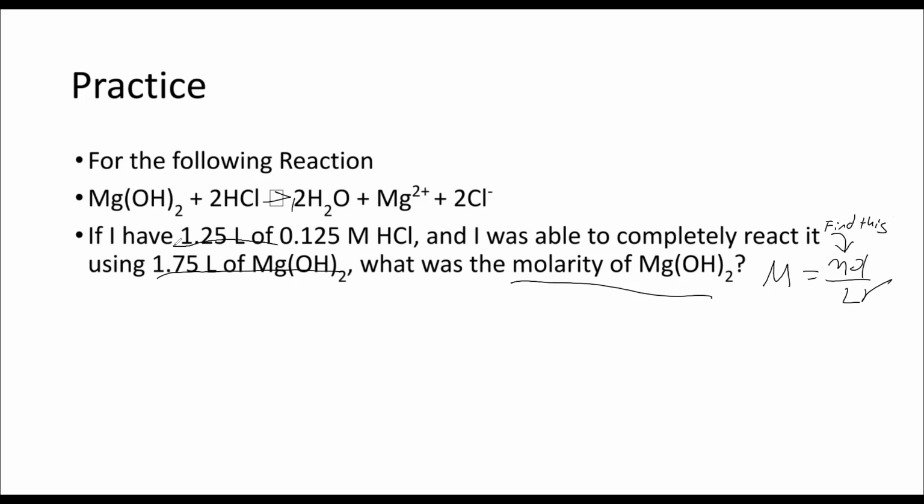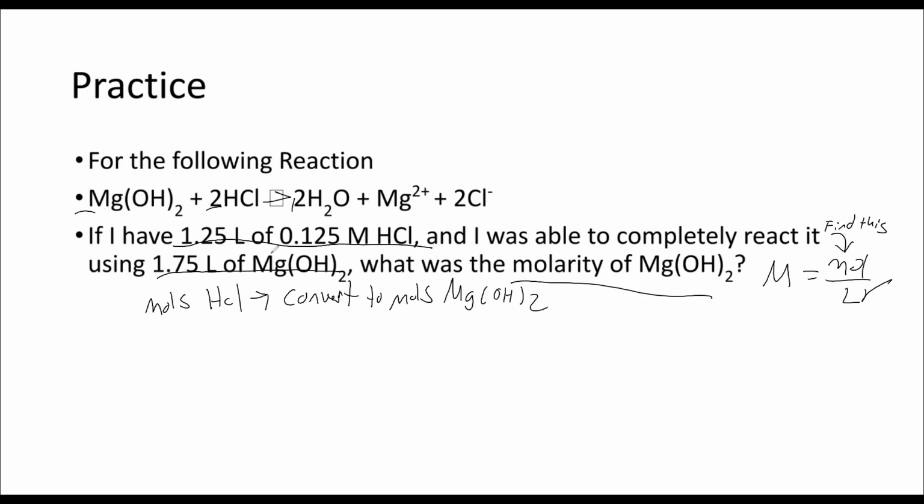I know how much HCl it reacted with, and I know the stoichiometry of the two. So my plan is to get moles of HCl and convert to moles of MgOH2.